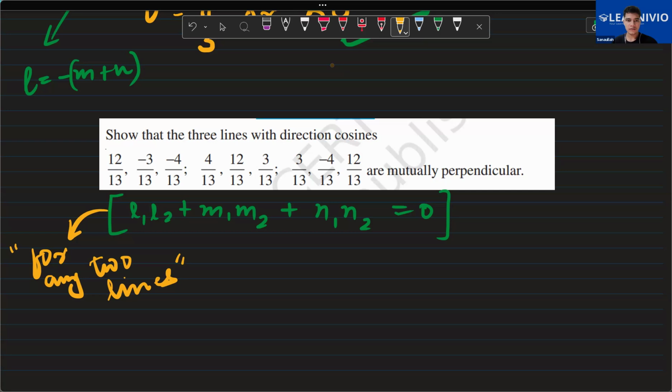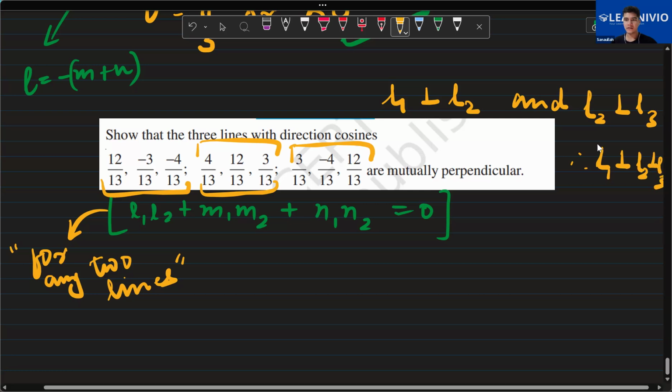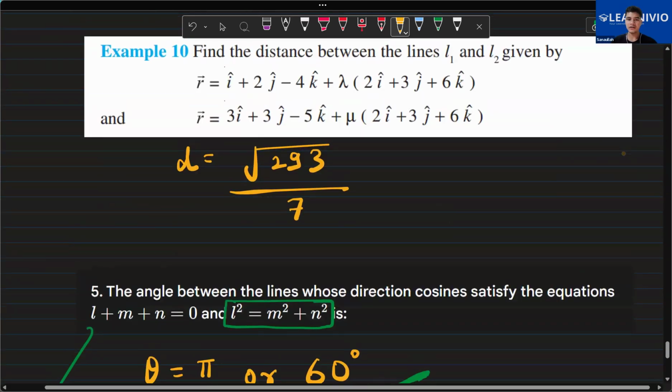सो वैसे ही आपने इसको किया होगा, और आपके पास जीरो आया होगा. सो दैट मीन दे आर परपेंडिकुलर. अगर ए इज परपेंडिकुलर टू बी, यू हैव टू राइट दिस, like you have to write like this, that if L1 is perpendicular to L2 and L2 is perpendicular to L3, therefore L1 is perpendicular to L2 and L2 is perpendicular to L3, and you have to write in the last that they are mutually perpendicular.